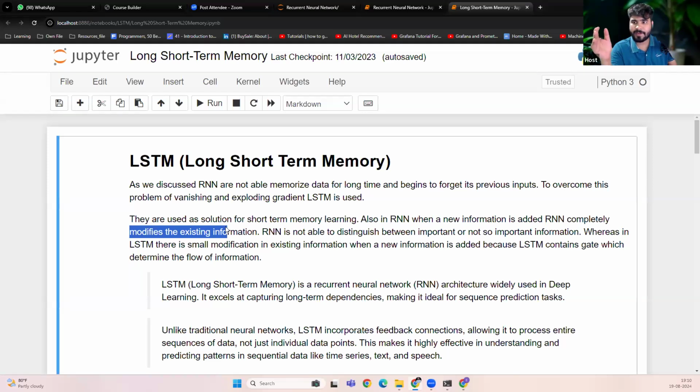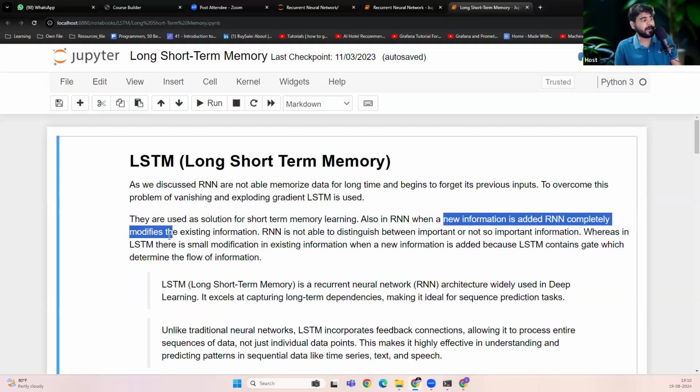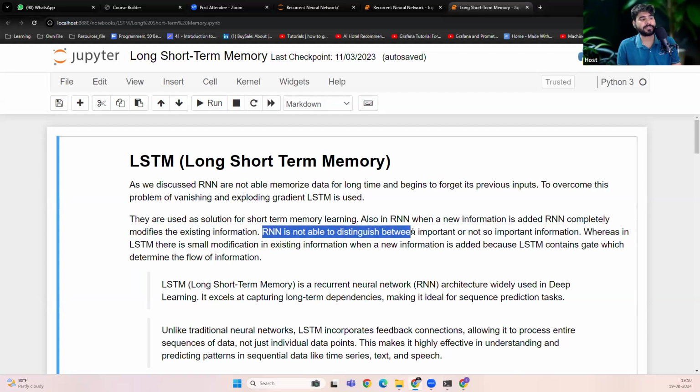Now if I write L, we get a different suggestion, and when we write Y, again a different suggestion. It's the same thing here. Whenever we add new information, the RNN completely modifies the entire existing information. So the RNN is not able to distinguish between important and unimportant information for our suggestions.